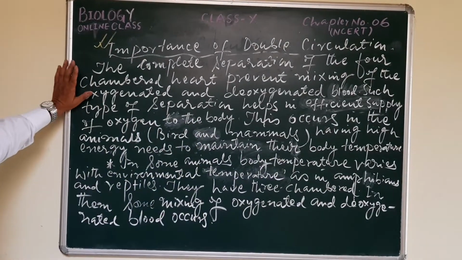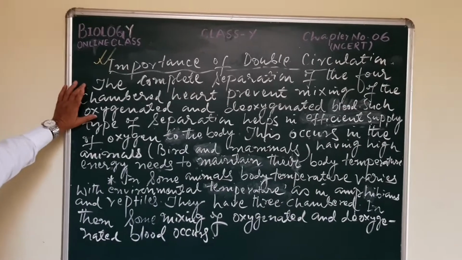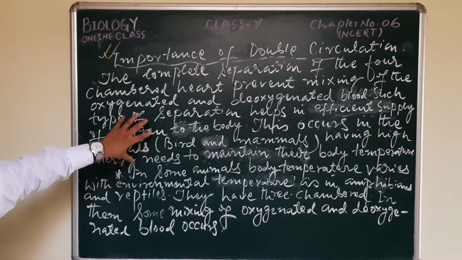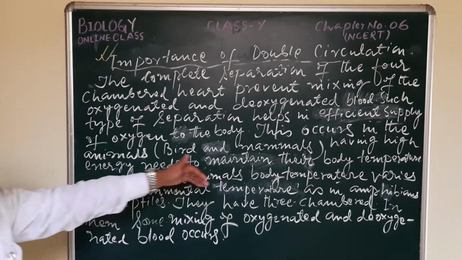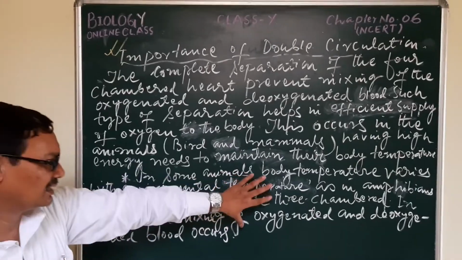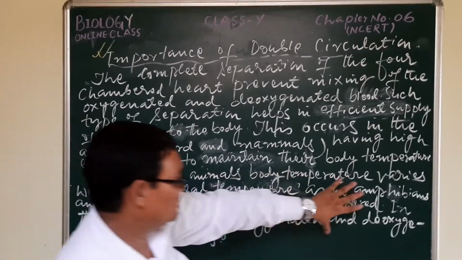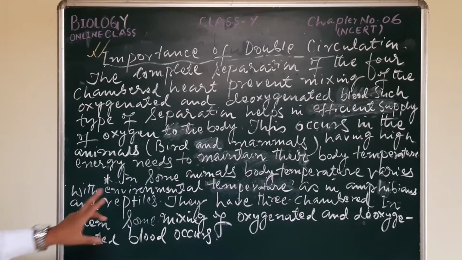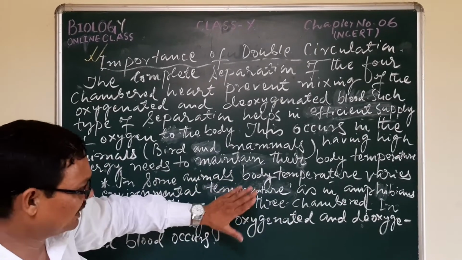In comparison to animals like birds and mammals, if we compare with the amphibians or reptilians, in amphibians and reptilians there is usually a 3 chambered heart. Why?